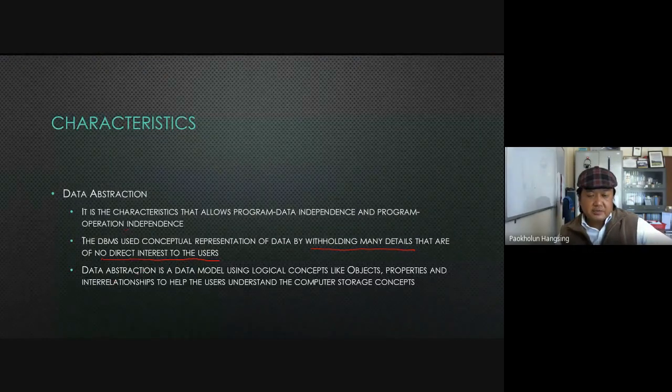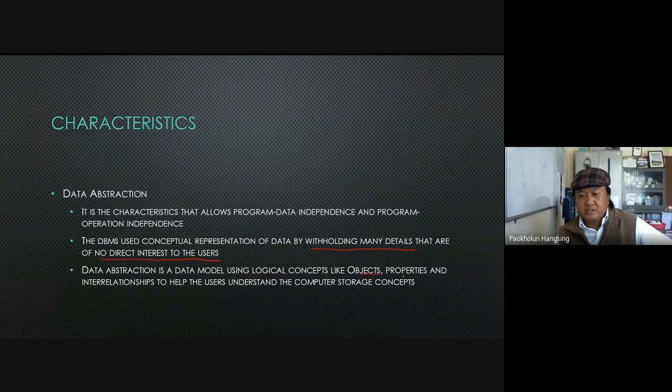So data abstraction is a data model using logical concepts like objects, properties, and interrelationships to help the users understand the computer storage concept. How the computer stored the data, and how every object, when we say object, we are trying to understand, yes, this entity is an object, this object has a property, and these objects are interrelated.